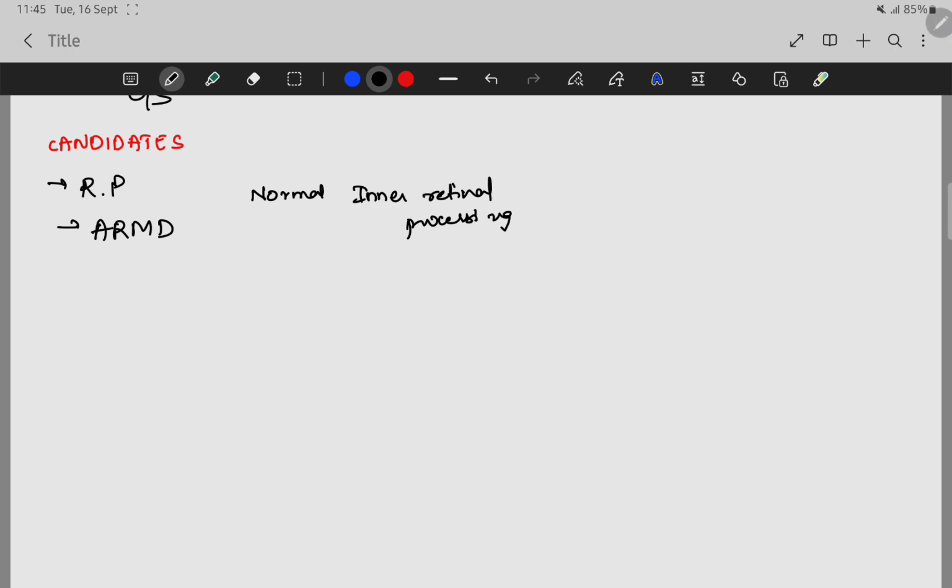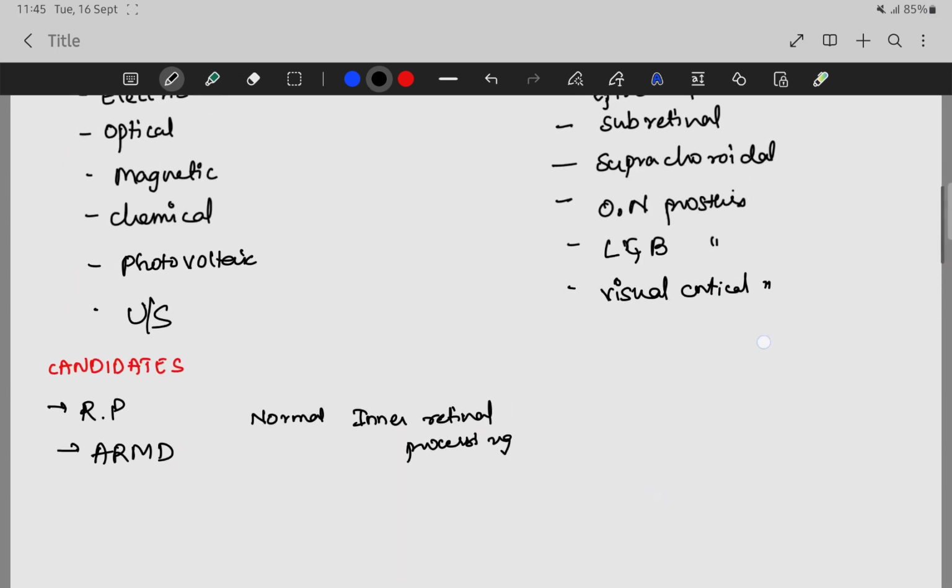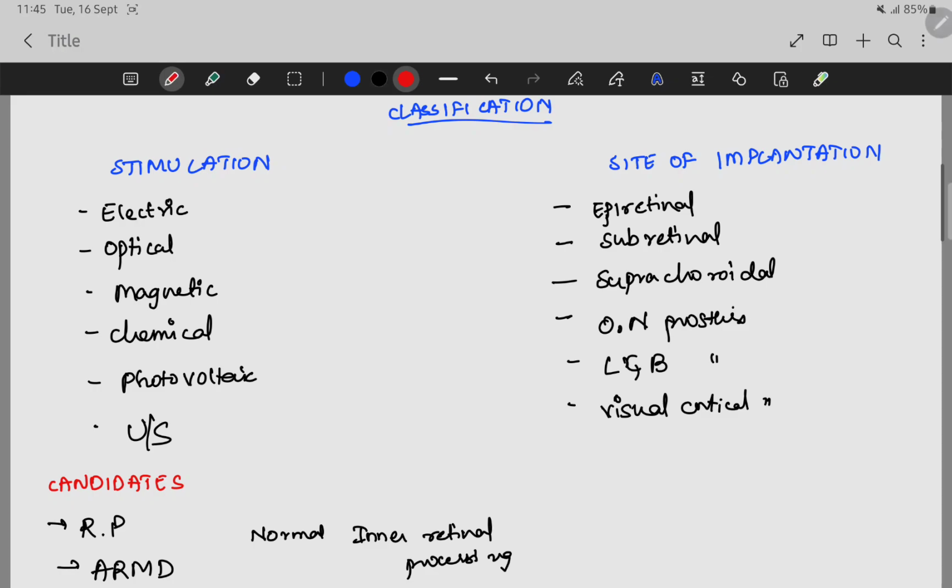So based on the site we had discussed, right? So this epiretinal, so we have this internal limiting membrane. These are photoreceptors. Then RPE. We have choroid and sclera.